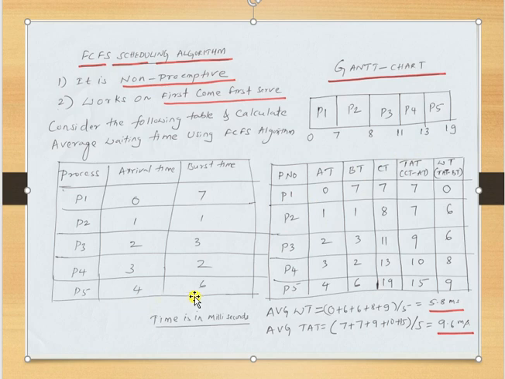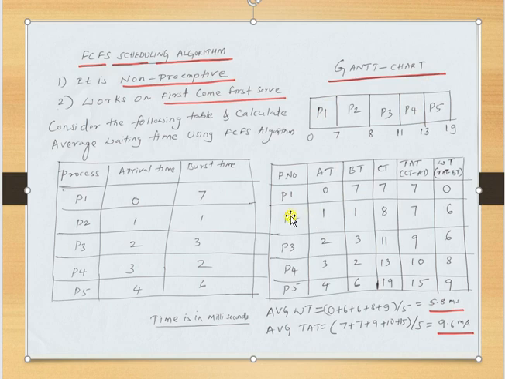P5 has burst time 6 milliseconds and arrival time 4, so 13 plus 6 equals 19. In this way, processes P1, P2, P3, P4, P5 are scheduled in the processor.